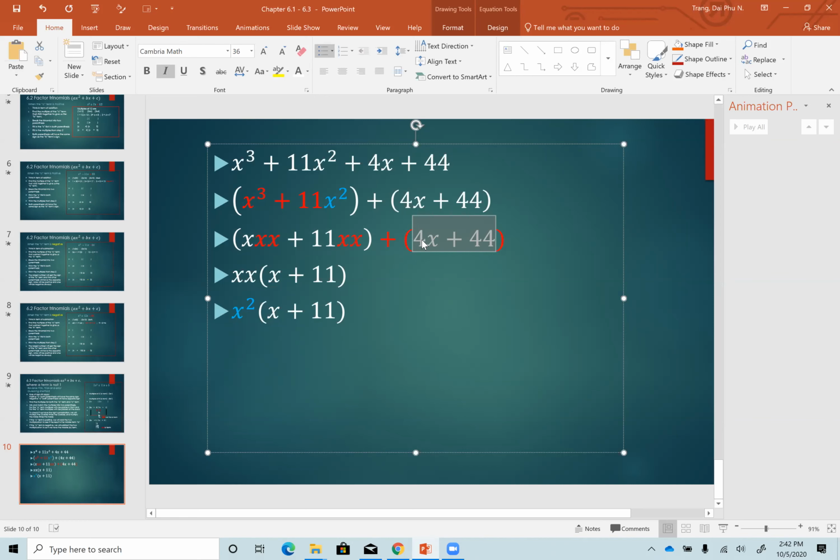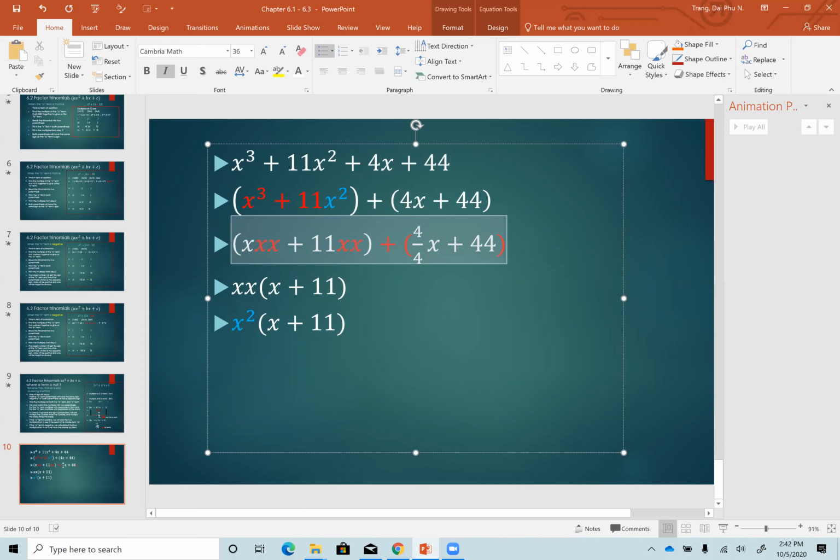So between the 4x and the 44, what do they have in common? Do you agree that what they have in common is the 4? Yes. So what can I bring outside? I can bring outside a 4. And if I bring outside 4, do you agree that 4x over 4 is simply x? And 44 divided by 4 will give me 11. Agree?